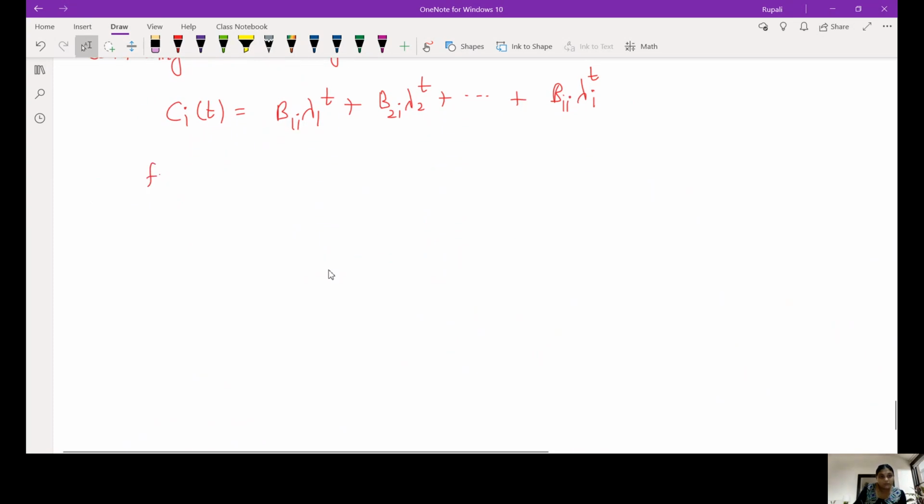This is because we have up to k minus 1 simple eigenvalues, so for i = 1 up to k minus 1 only.